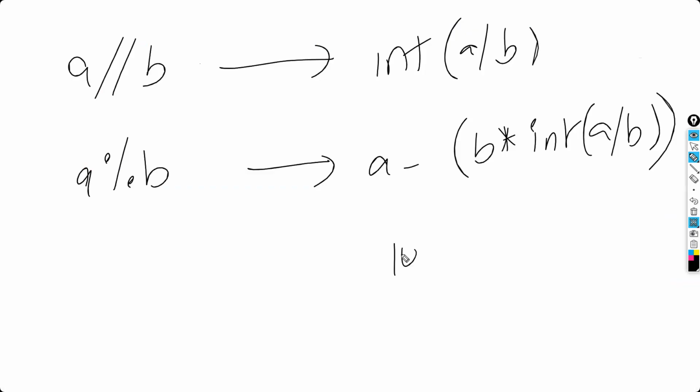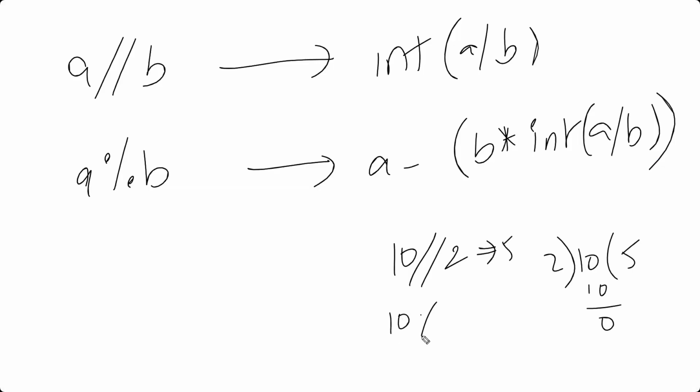Now 10 floor division 2, not normal division. What is the output, guys? 10 by 2 is 5 times 10, 0. The output is 5. 10 modulo 2, what is the output? 0. Now the same 10 floor division 3.